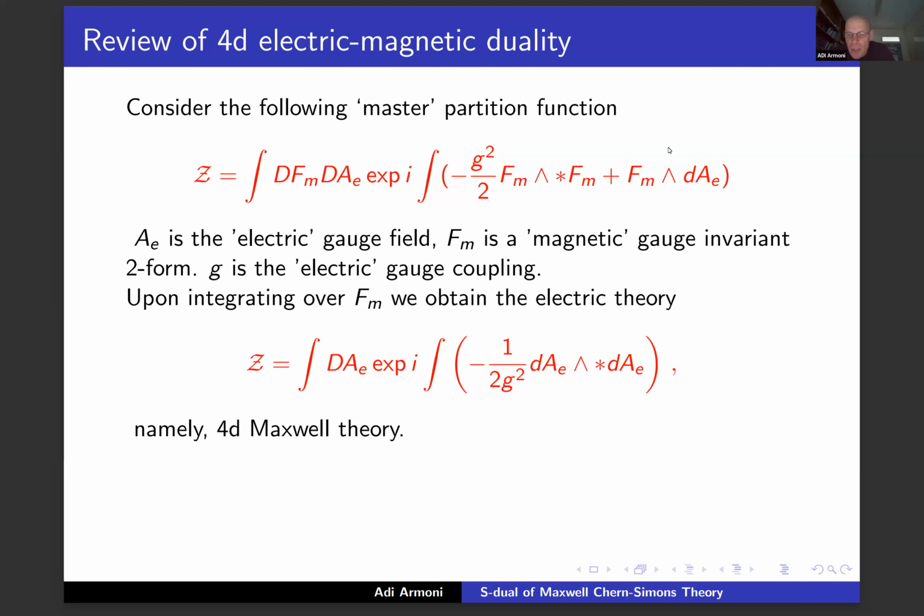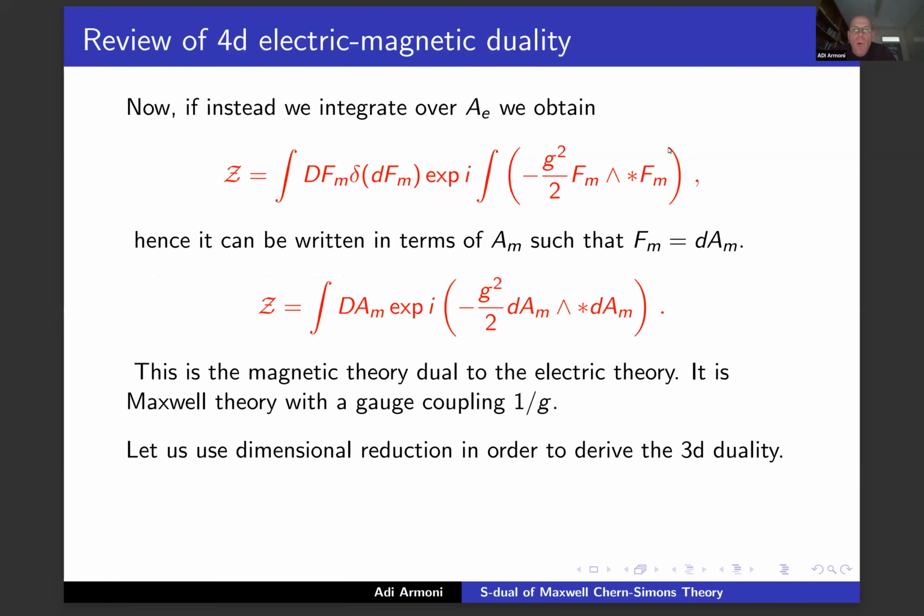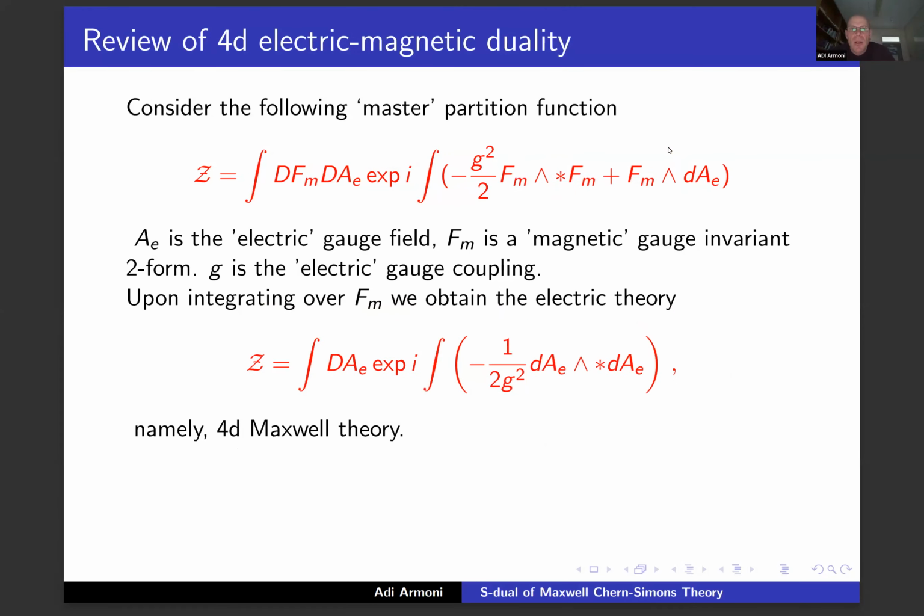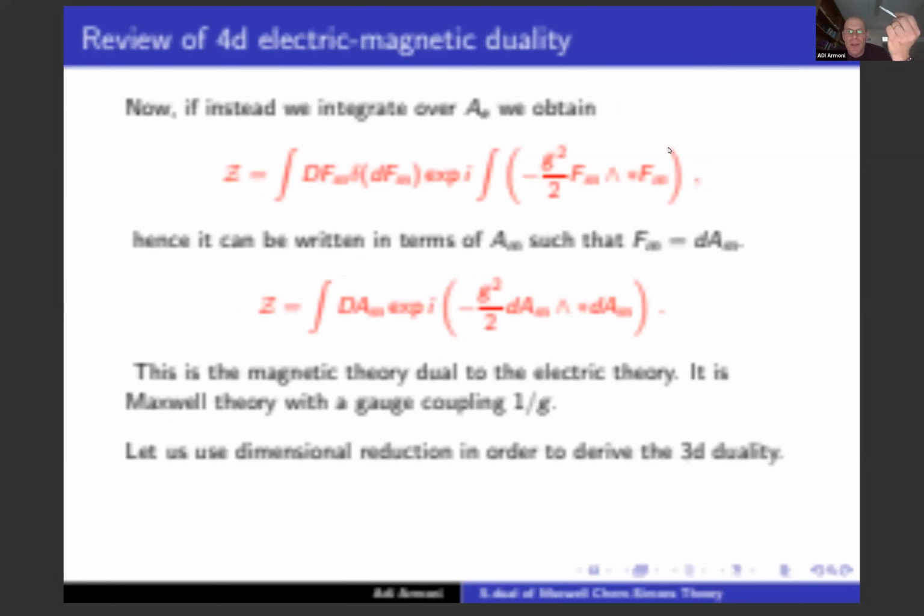Now, if on the other hand we integrate over AE, so look at the first line, suppose that now instead of integrating over Fm, we integrate over AE, then what we'll get is the following. Because of the term Fm wedge DAE, the integration over AE gives me the condition dFm equals 0, namely a delta function.